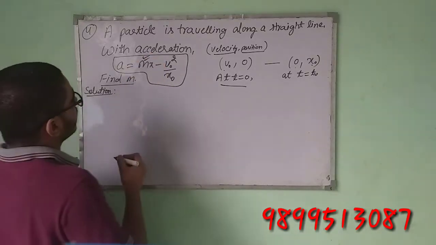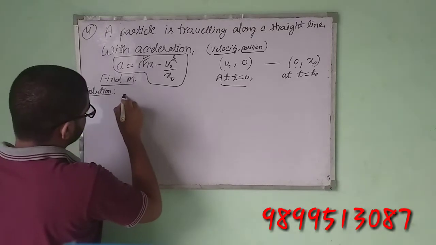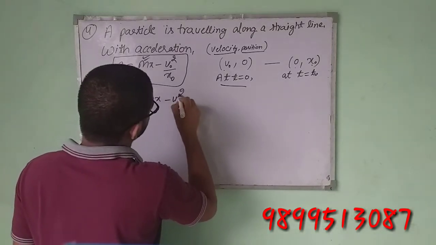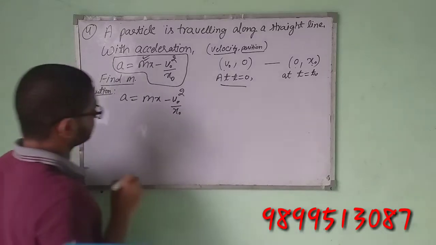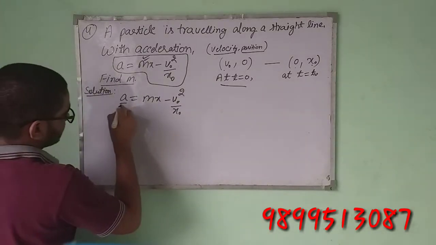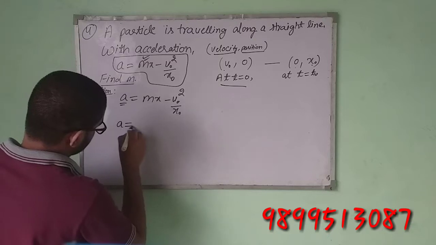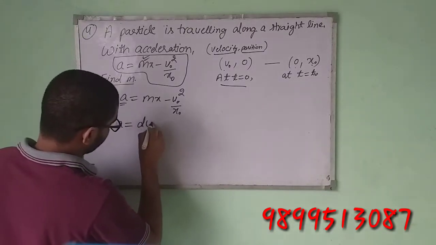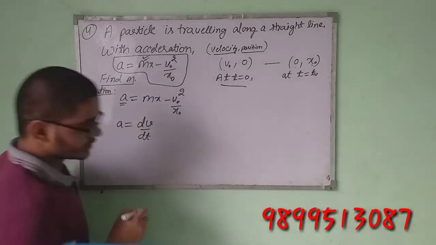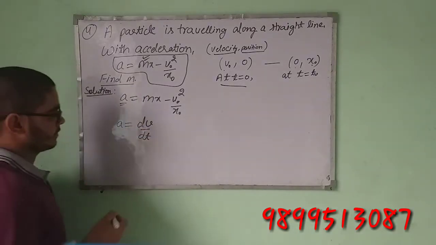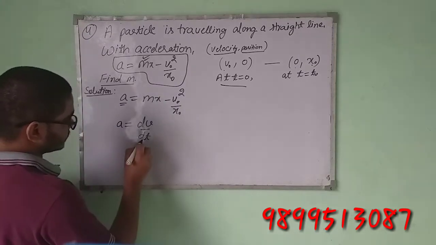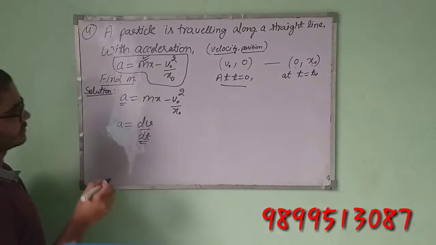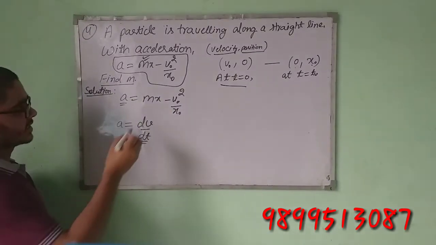We have acceleration equal to mx minus v naught square over x naught. And acceleration is dv over dt, the rate of change of velocity with time. Now I have to make some transformation in order to use this equation, because I don't have time in this expression.